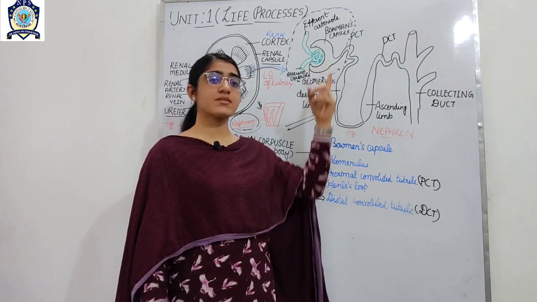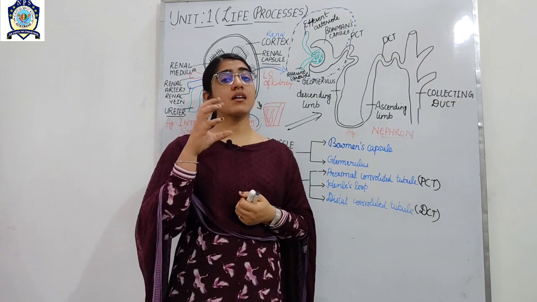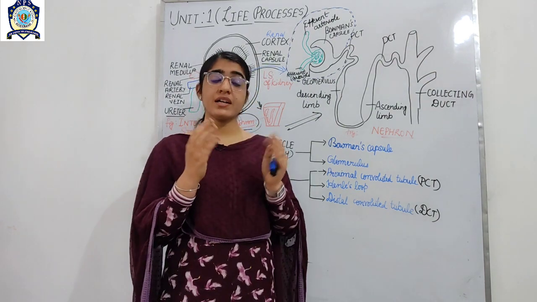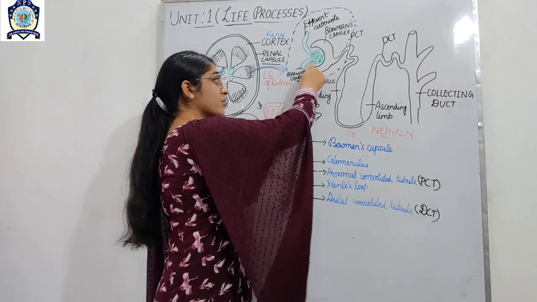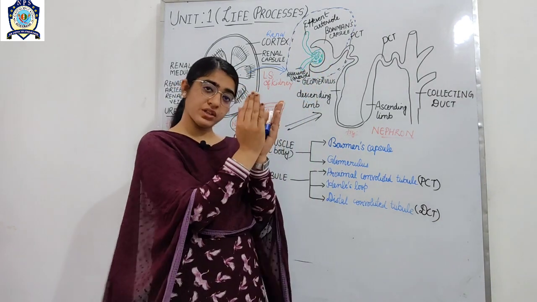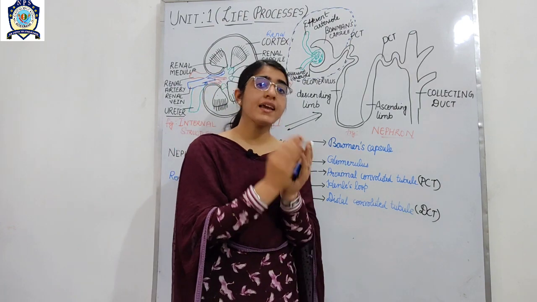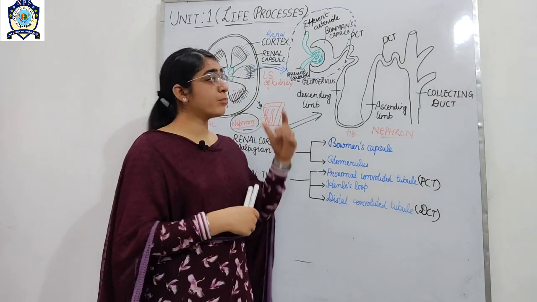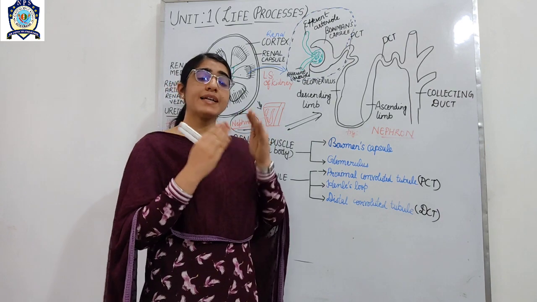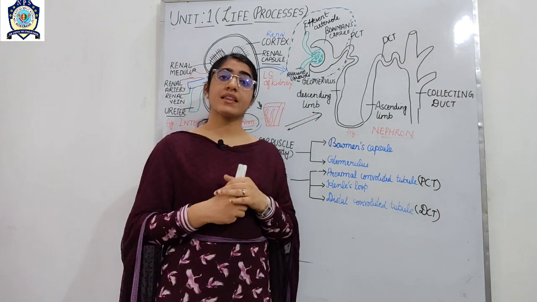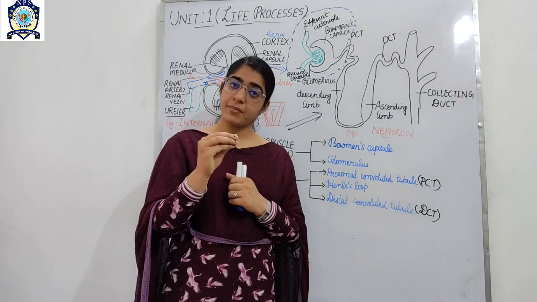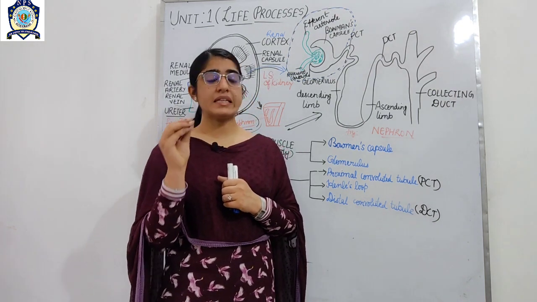The Bowman capsule, as you can see, is a cup-shaped, broader and blind end of the nephron. Blind end means from the front side it is totally closed. It is covered by semi-permeable squamous epithelium.